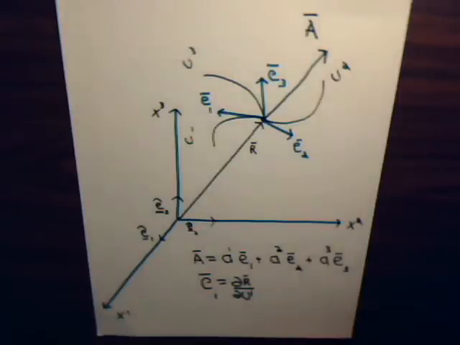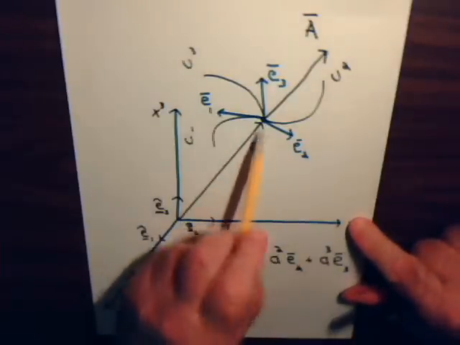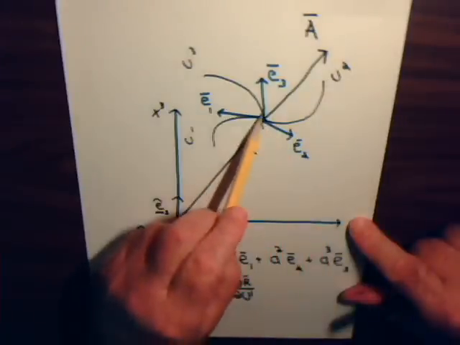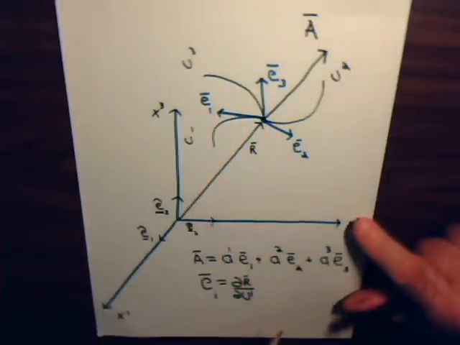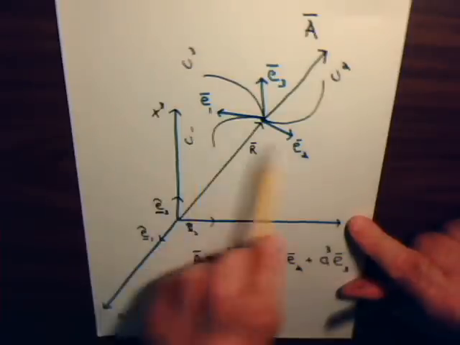This is video 7 in our series Topics in Tensor Analysis. In the previous video, we had considered a generalized curvilinear system that had these curvilinear coordinate axes u1, u2, and u3. And again, we label them with superscripts.